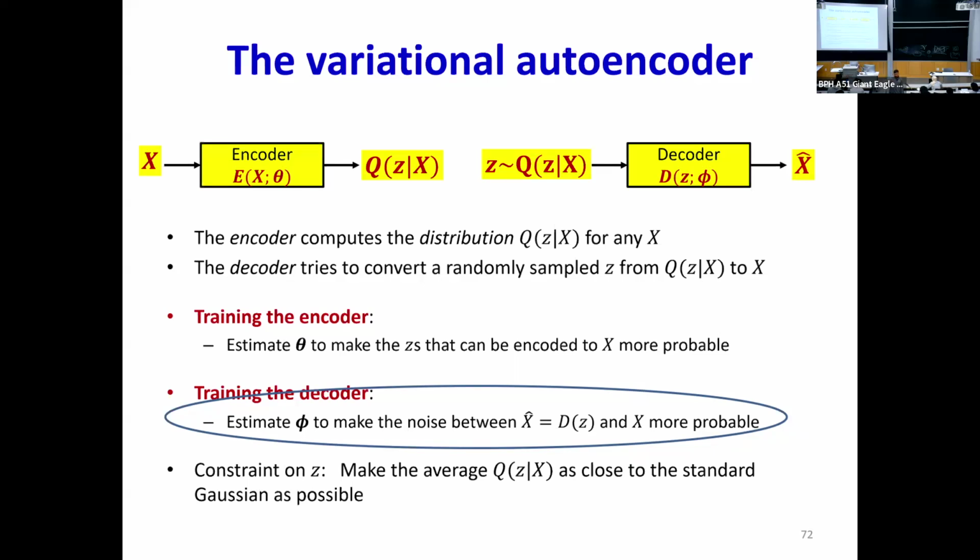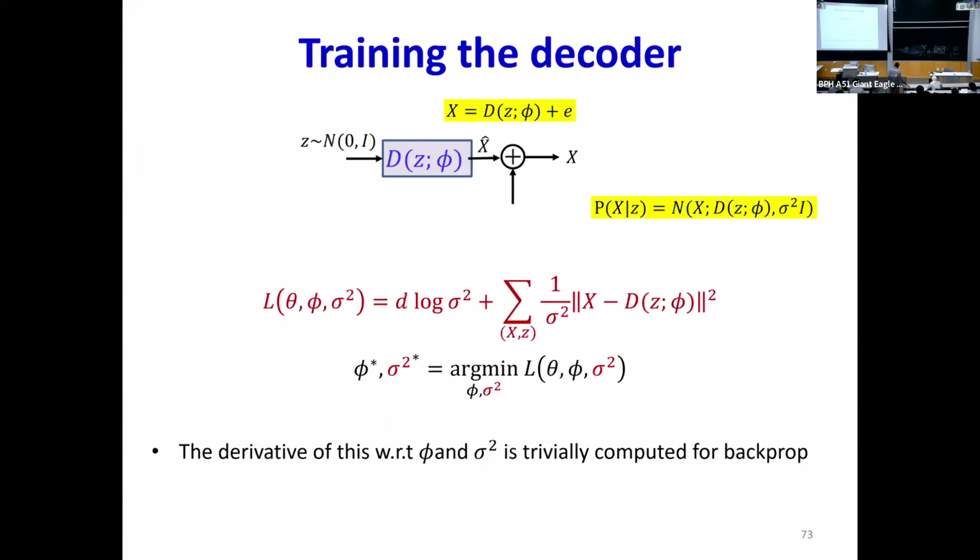Making the variance of the error very small is maximizing the likelihood of the data itself, right? So that's again just going to give you the log likelihood, which is the same formula that we had before. Because even for the encoder, we were computing the negative log likelihood of the output of the decoder.